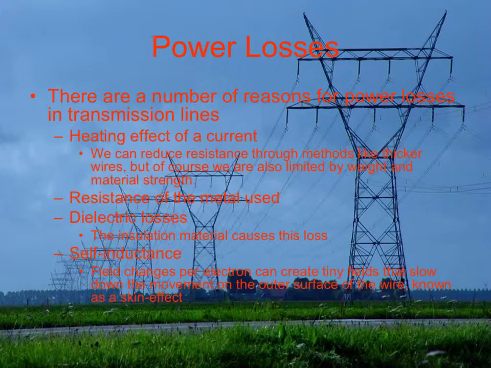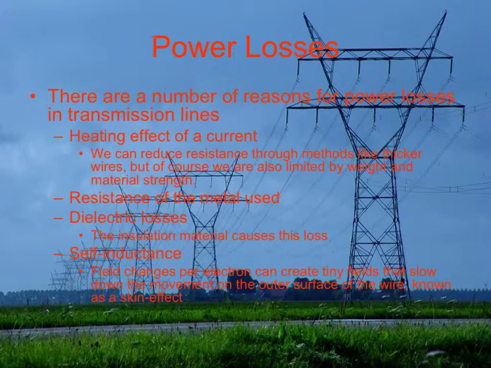There is a maximum to how thick of a wire you can use, though, because those wires also have to be held aloft by the electrical poles and by the large towers you can see in this picture. And if they're too heavy, then they're going to collapse under their own weight. They won't be able to be held up. But they can also use specific materials which have lower resistances, so the metals they use play a big part.